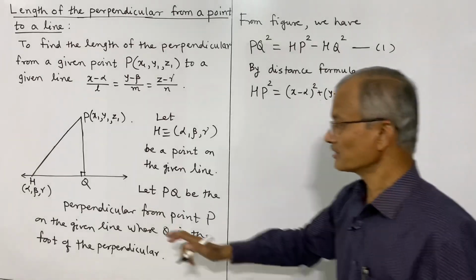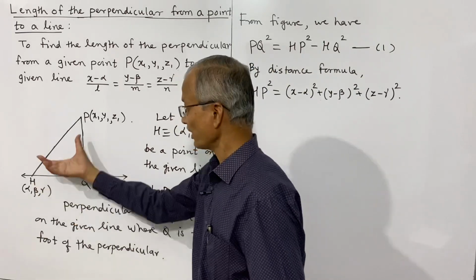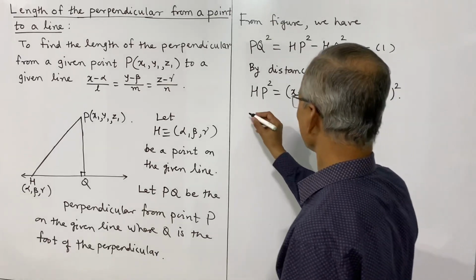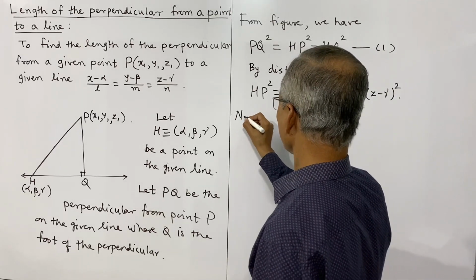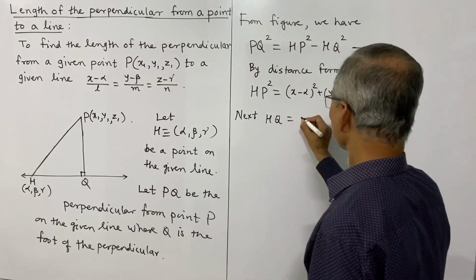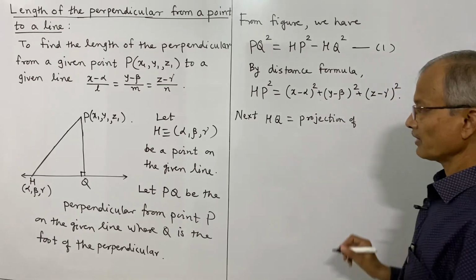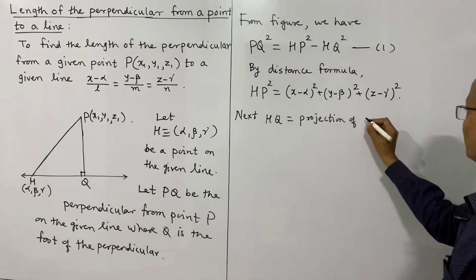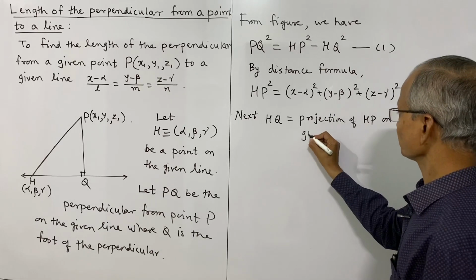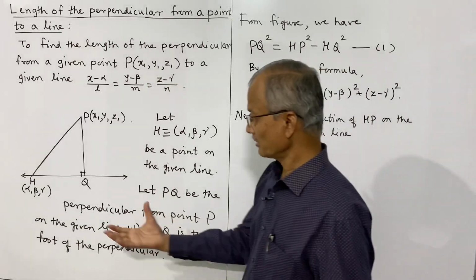Now what we require is HQ. HQ is the projection of HP on the given line. That is the length HQ.